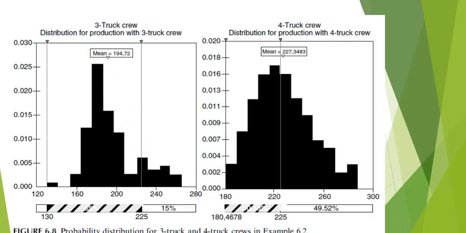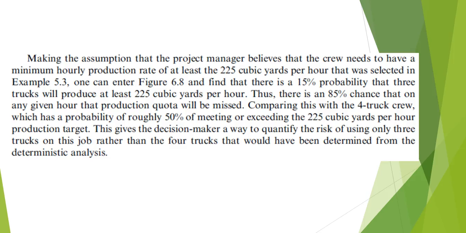All right. So what we'll find is that the 4 truck crew is going to have a probability of 50% of meeting or exceeding this target. And the 3 truck crew is only going to have a 15% probability that it'll produce at least 225 cubic yards per hour.